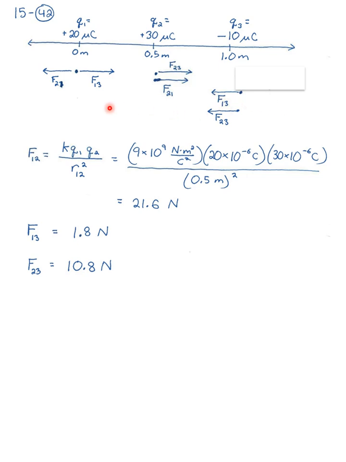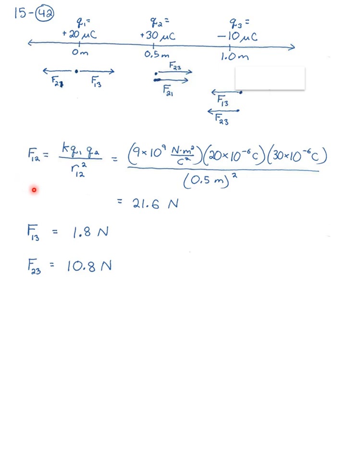Now, let's think about the force between charges 1 and 2. And then we'll do the force between 1 and 3 and the force between 2 and 3. Let's figure out what each of these forces is.